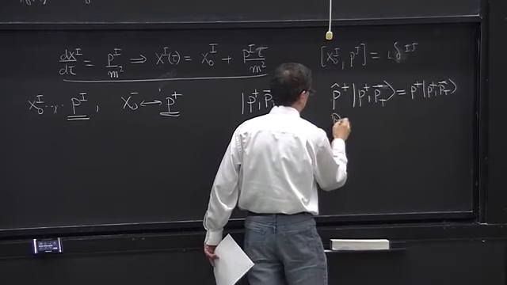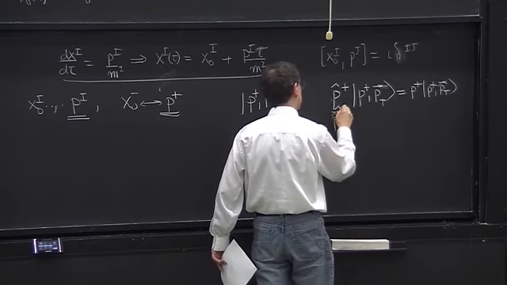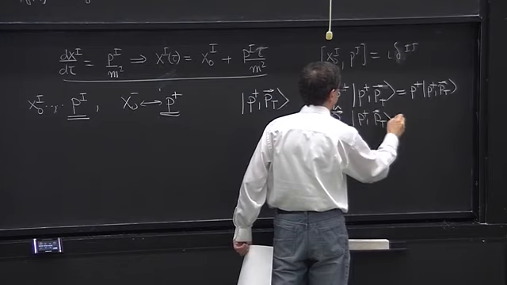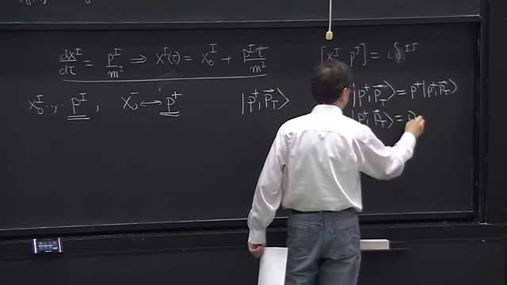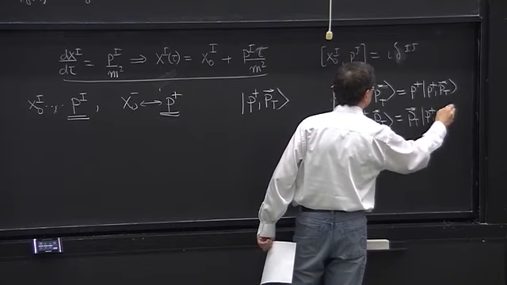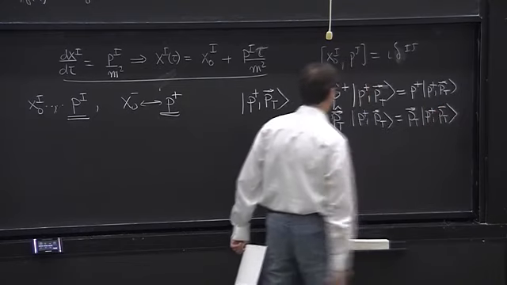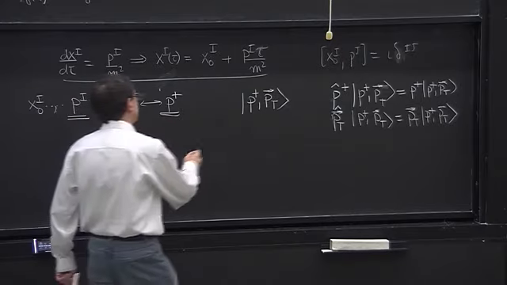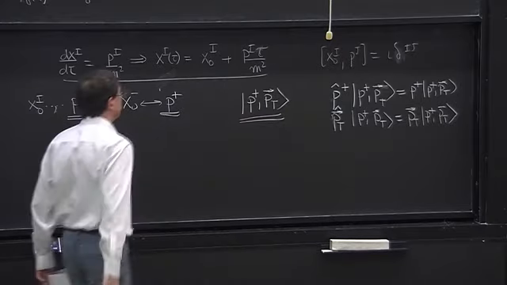And the P transverse operator acting on these states is P transverse, the vector, acting on the states. So these are the states of your theory.